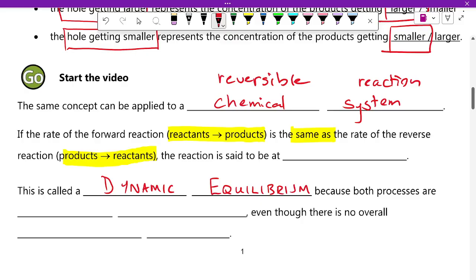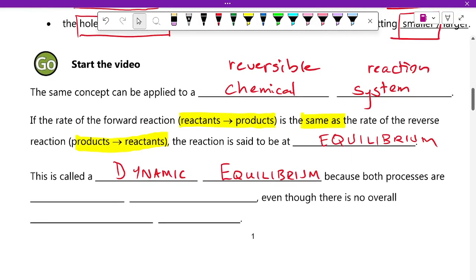The reaction is said to be at equilibrium, because both processes are occurring simultaneously, at the same time, even though there is no overall observable change.